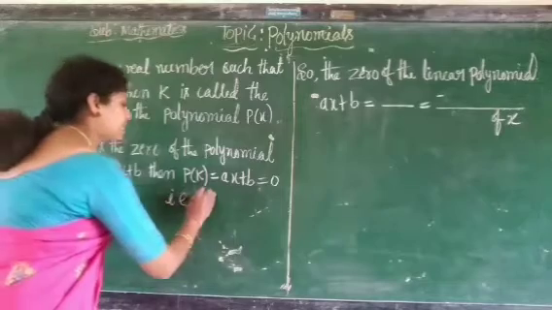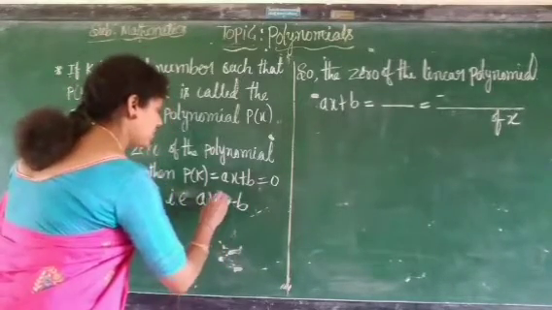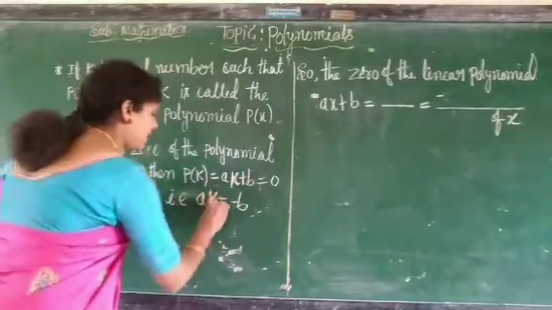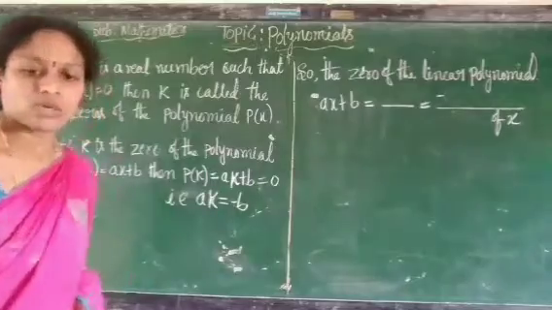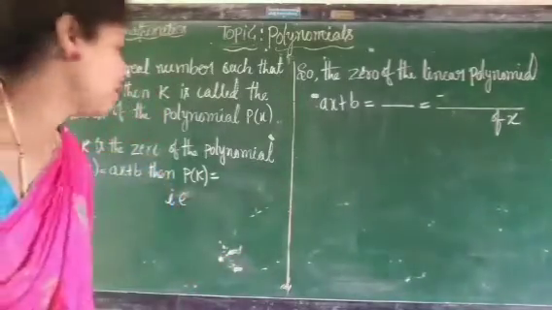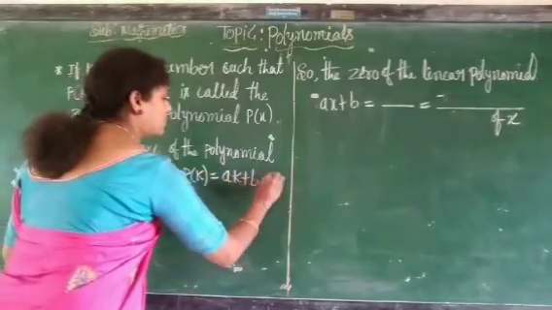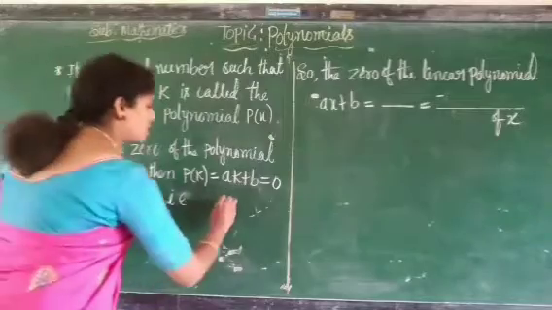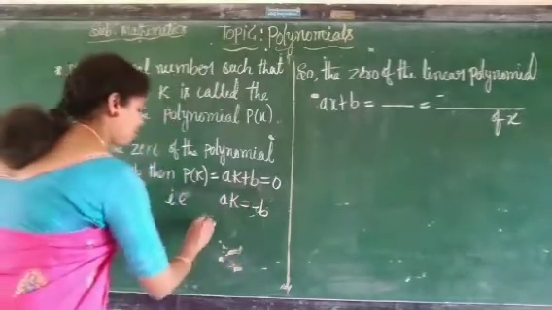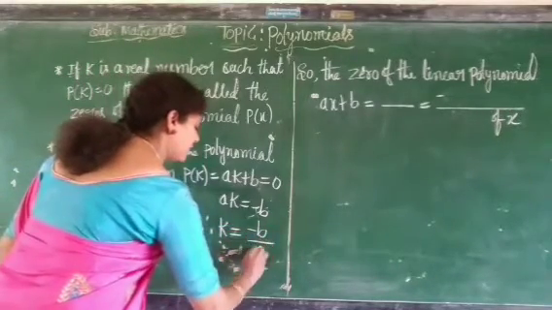That is, ak plus b, ak is equal to minus b. Once again, I will write ak plus b is equal to 0, ak is equal to minus b, therefore k is equal to minus b by a.